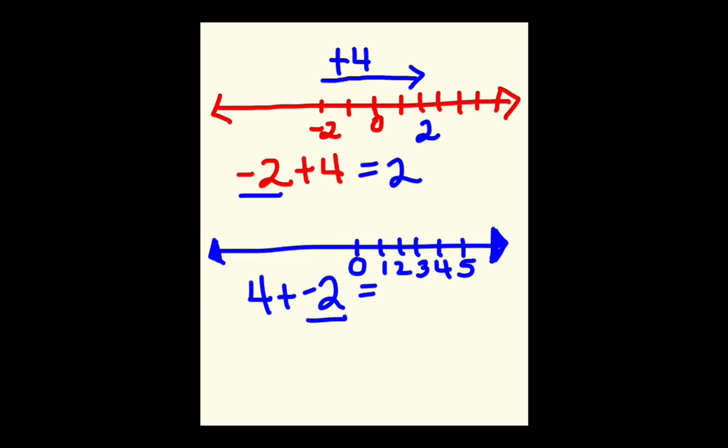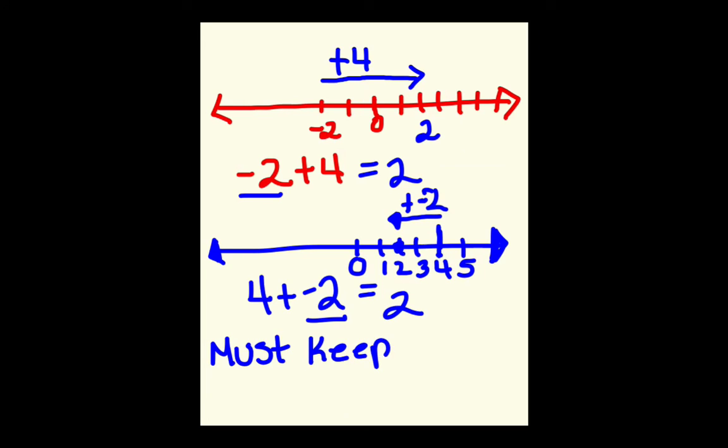We would start at 4, and we would go 2 units in the negative direction, plus a -2, and we land at 2. So it is true, the commutative property works, but we must keep the signs with the number. So let's make sure we write that. Must keep signs with numbers when we switch.